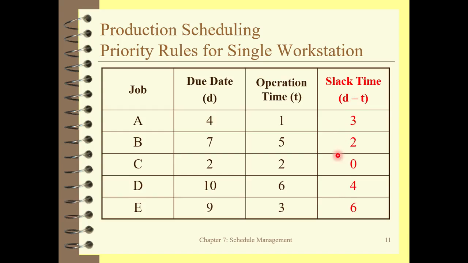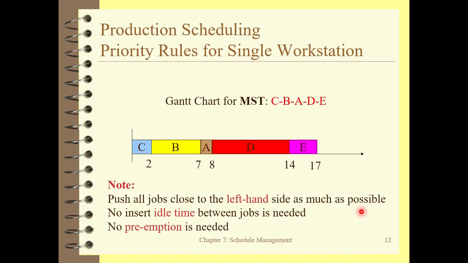According to the minimum slack time priority rule, you select the one with the lowest value first. In this case, the sequence would be C, B, A, D, and E. Then you construct the Gantt chart, like this one.